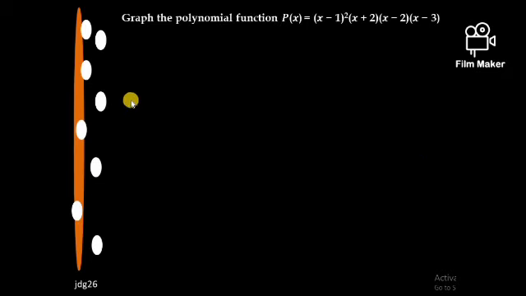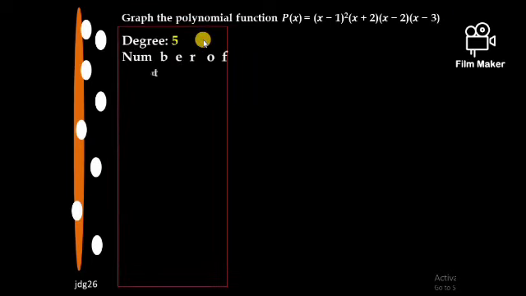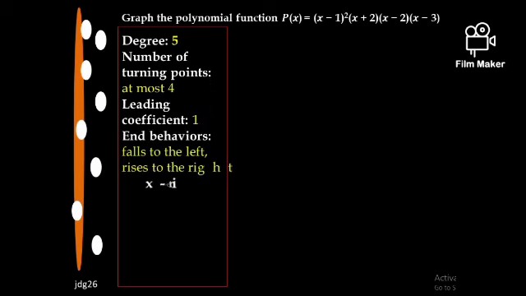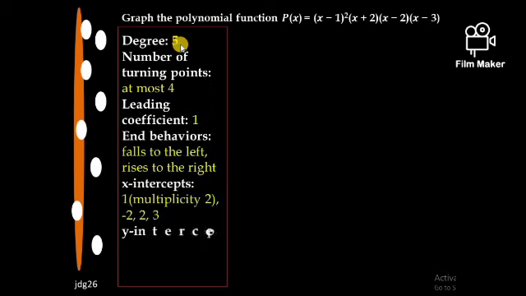So, let us now graph the polynomial function, yung given din natin kanina. So, p of x is equal to x minus 1 squared times x plus 2 times x minus 2 times x plus 3. And, ito yung ginawa natin kanina. So, kailangan meron tayong guide. We have the degree, 5.